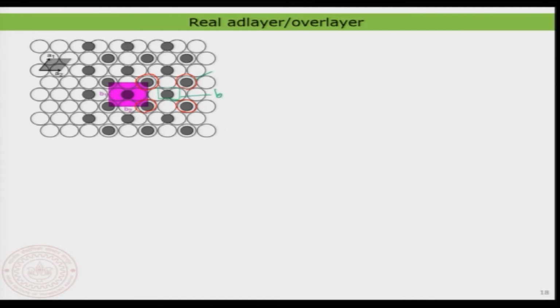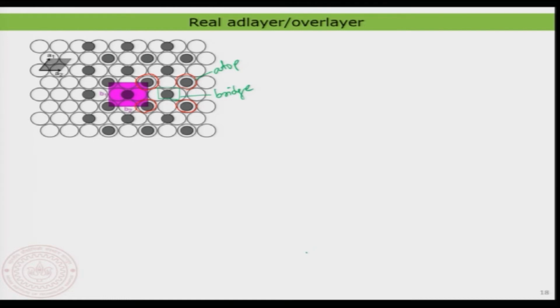I have a bridge site and here I have an atop site. So, you see that within a single Adlayer, I now get a variety of adsorption sites for the Adlayer atoms.